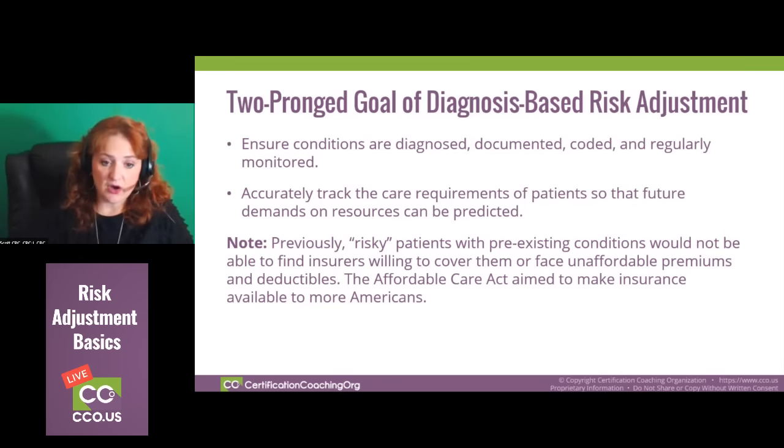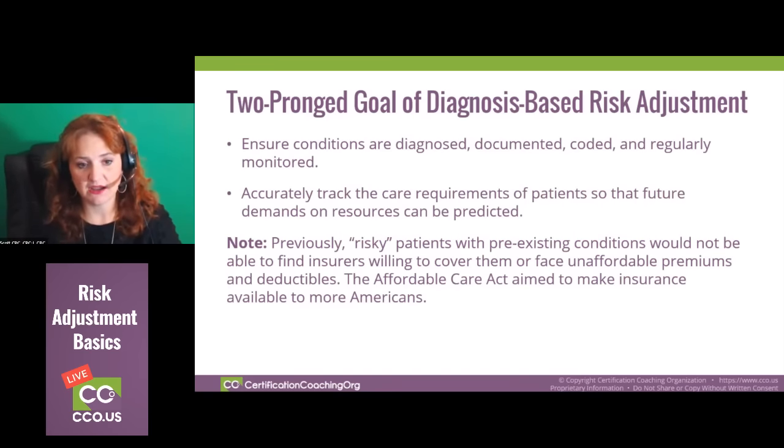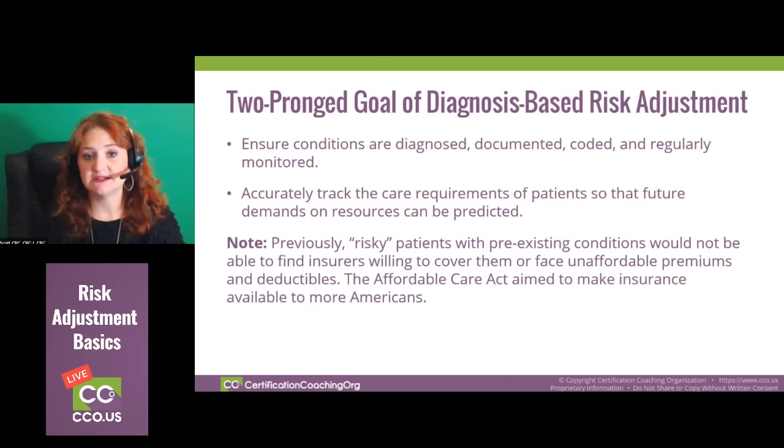And with all of the things that people complain about, the pros and the cons of the ACA, and that's not what we're talking about here, there are some things that they put into place that are very, very good components, which is ensuring people that normally would not have been insured or could have been dropped, and keeping those premiums affordable, for Medicare as well.